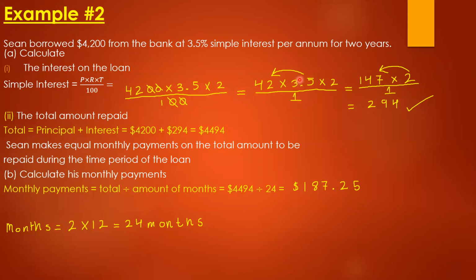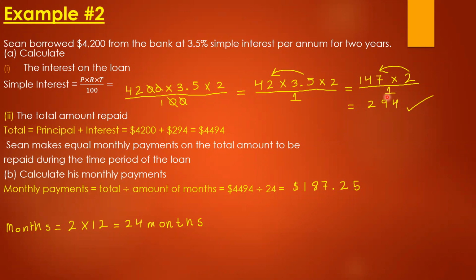First you do 42 times 3.5, which gives you 147, times 2, which gives you 294. Very good. And you don't have to do anything with the divided by 1 because it's just the same number.